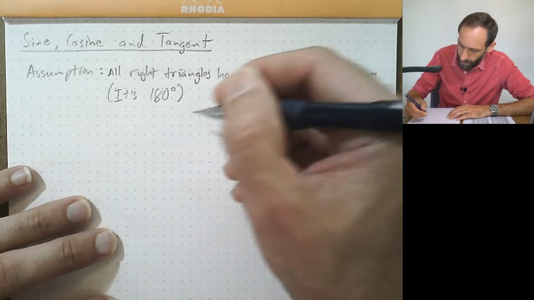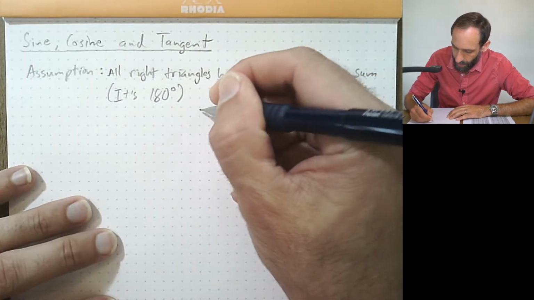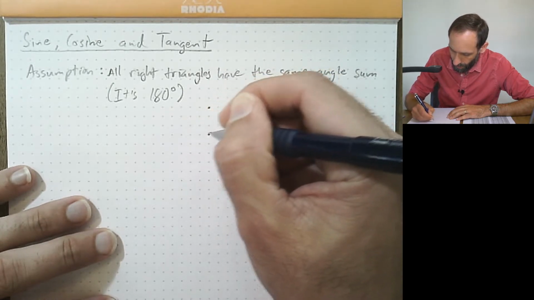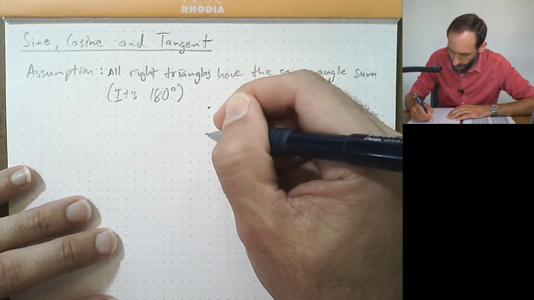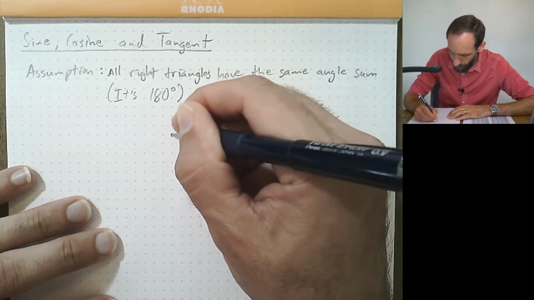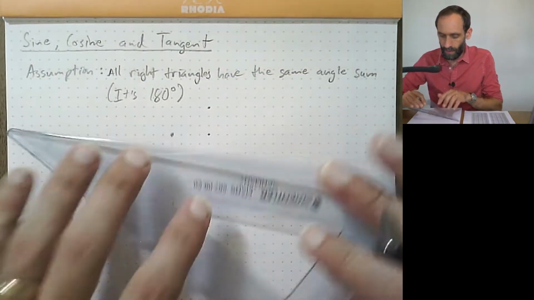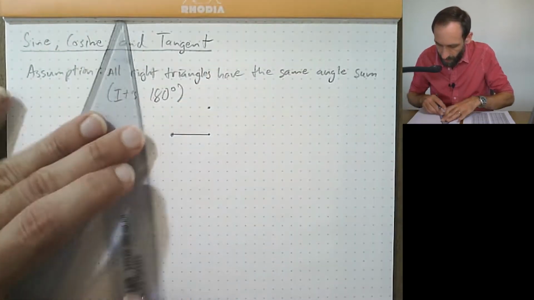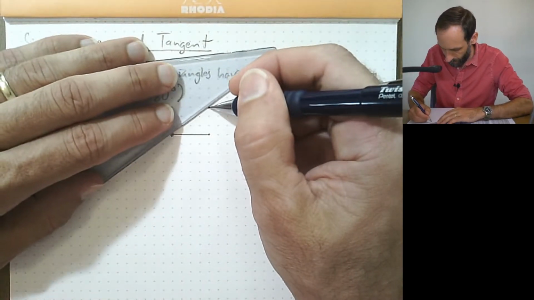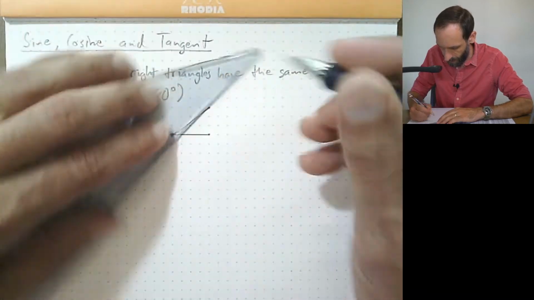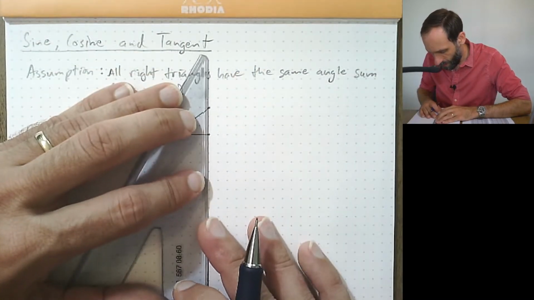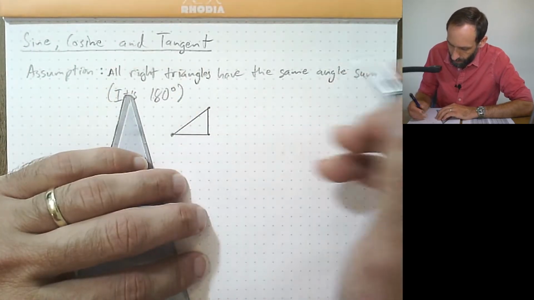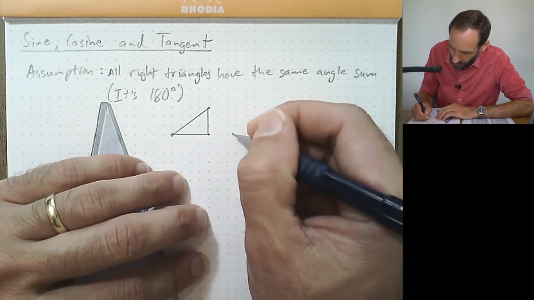So let's draw two right triangles that are similar. So I'm just going to do one here. That's length 3 here, and length 4 here. Take advantage of this dot grid paper to draw this easily. So here's a right triangle. And in order to easily draw another right triangle that's similar, I'm just going to double all of these.